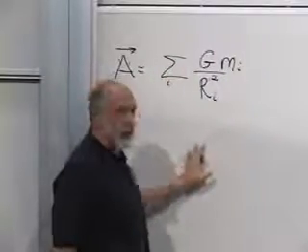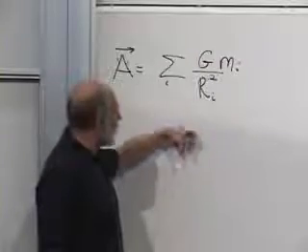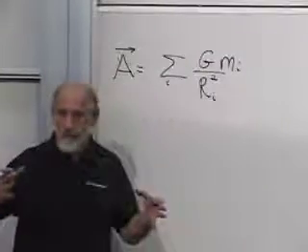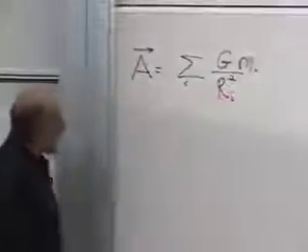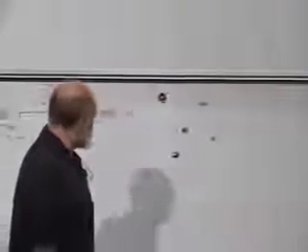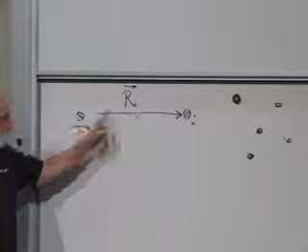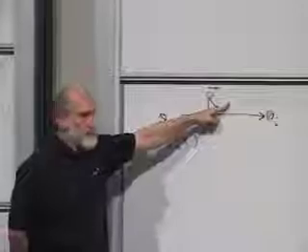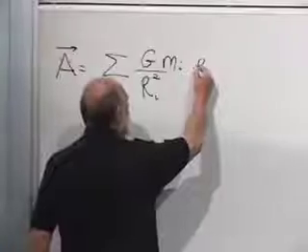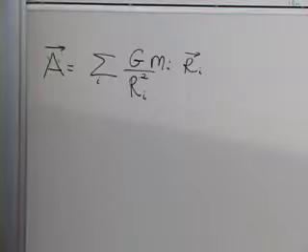But none of the things that are written here are vectors. G is a number, m is a number, and r is the length of a vector. Its square is just a number. There's no vectors on the right-hand side, so there's got to be something wrong with this equation. What's wrong is I have to remind myself what direction the acceleration is. And it's along the direction r sub I. So the way to deal with that is to put another r vector here, but then we have too many r's in the numerator.